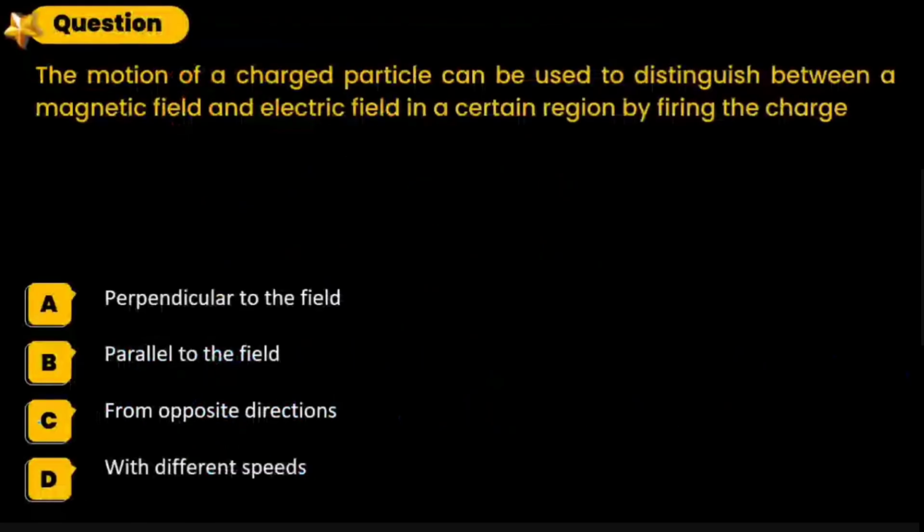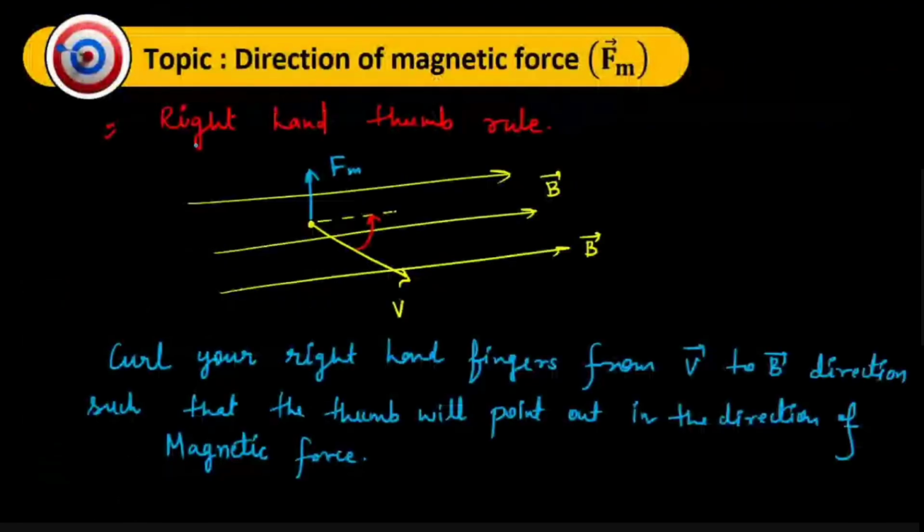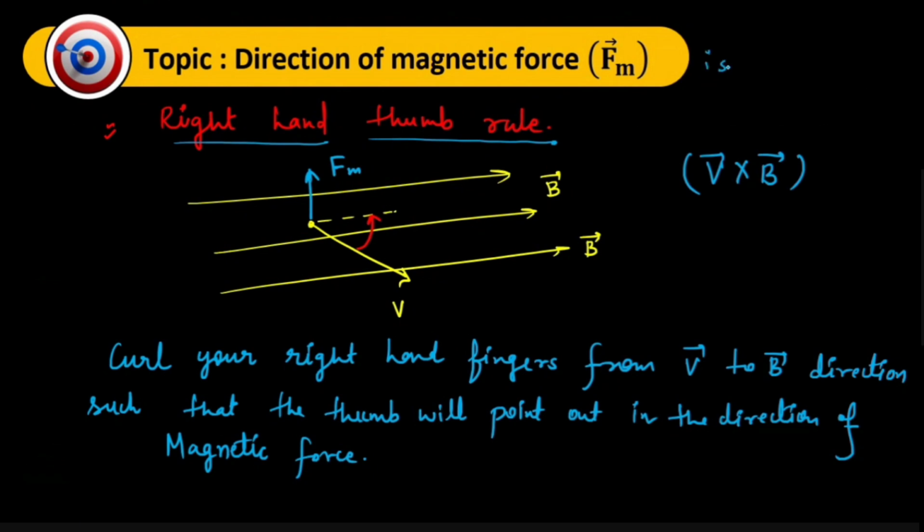And that is something we call right hand thumb rule. That is V cross B. So you can also write it as Fm, that is magnetic force, is in the direction of V cross B only.